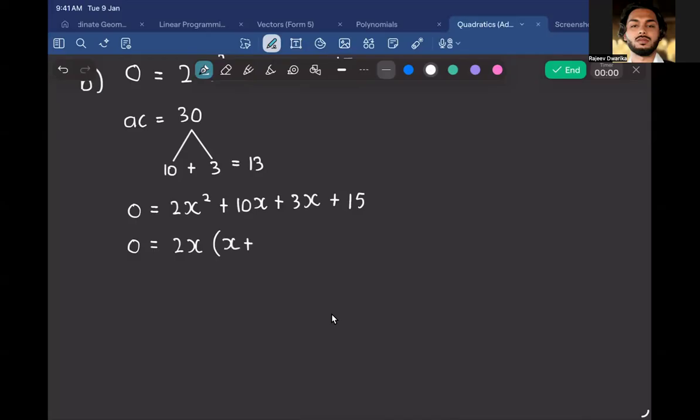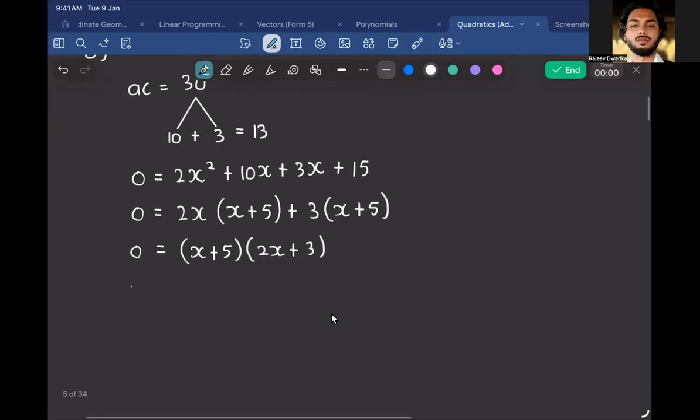And then when you factorize the other half, the common value is 3, so you put plus 3, and then in brackets you put x plus 5. Now you factorize by grouping. So the first bracket would have x plus 5 and the second bracket would have 2x plus 3.